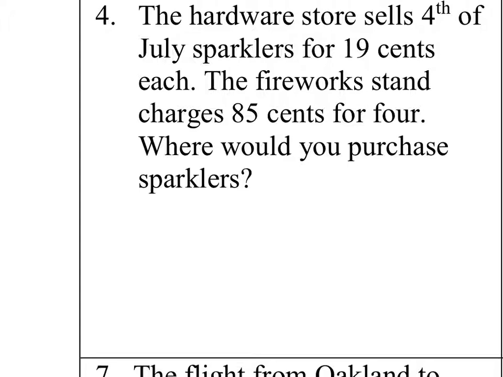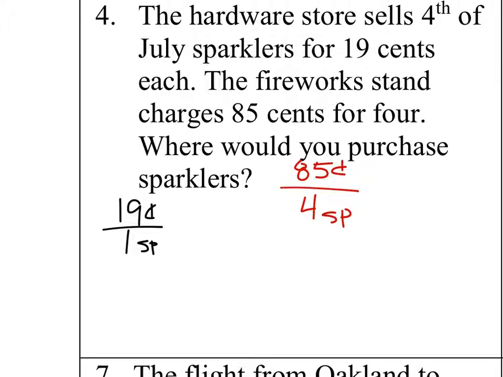So 4th of July, the hardware store has 19 cents for 1 sparkler. And now the stand though has four for 85 cents. So 4 sparklers for 85 cents. So which is cheaper? Well, let's compare this to 1 sparkler.